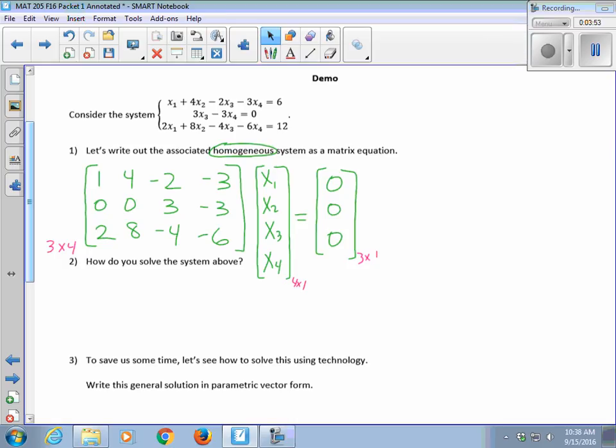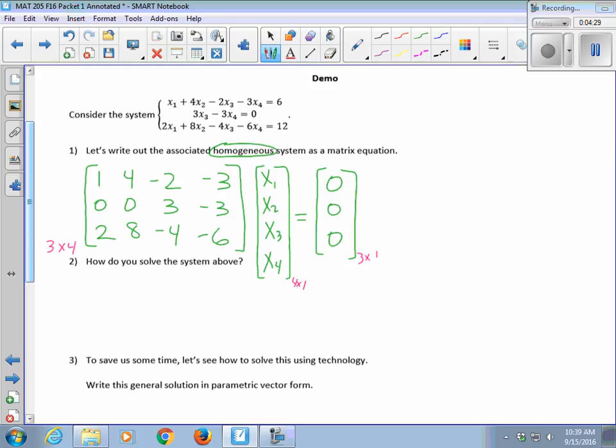How would you solve that system? Create an augmented matrix and row reduce. Yep.